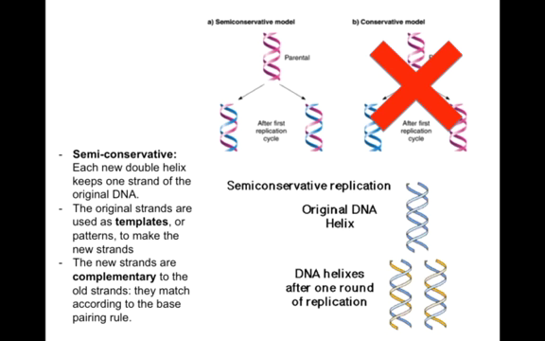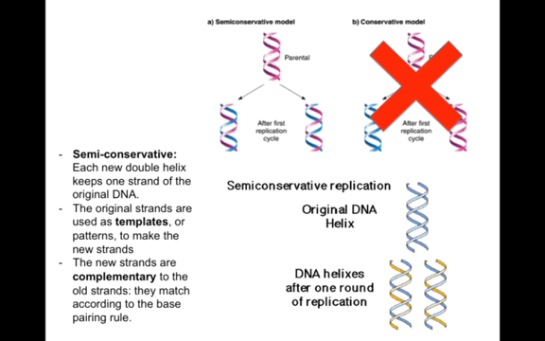So we say that the new strand is not identical, but instead it's complementary. It matches up using the base pairing rule. If there's an A on the old strand, there'll be a T on the new strand. If there's a C on the old strand, there'll be a G on the new strand.